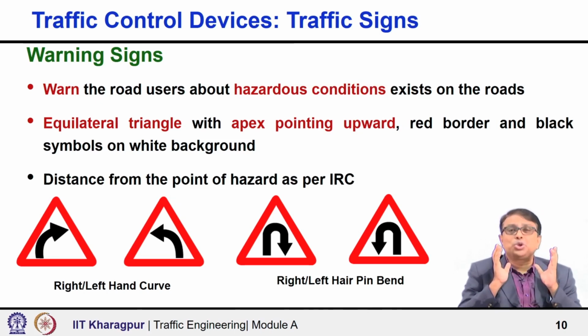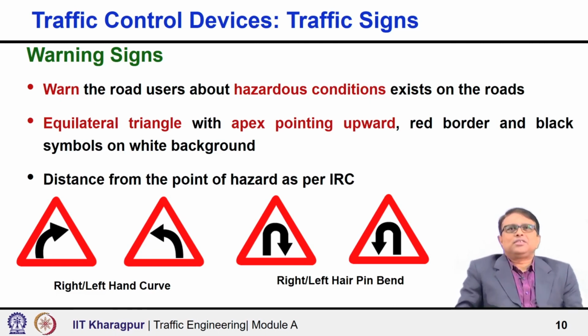So, it is good to inform the driver in advance to create a safer road environment. These are all the signs which are aimed to warn the driver about certain unusual situations or certain things which otherwise they would not normally expect.